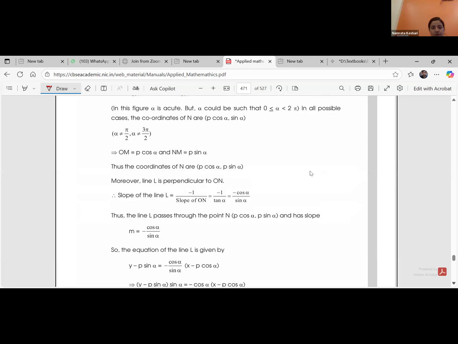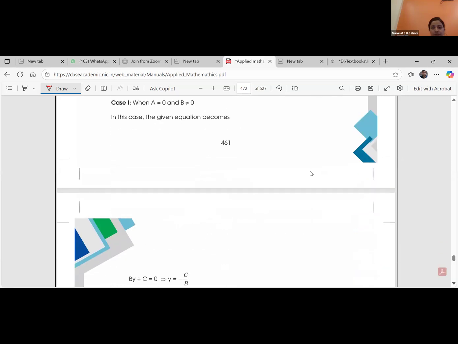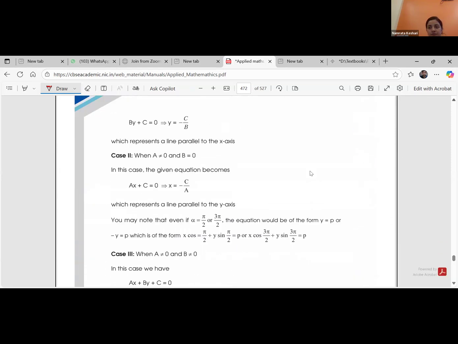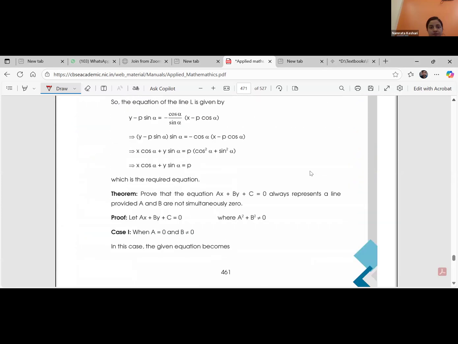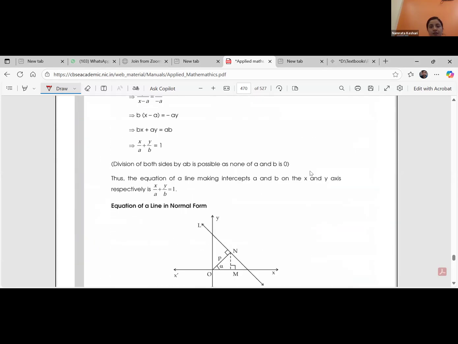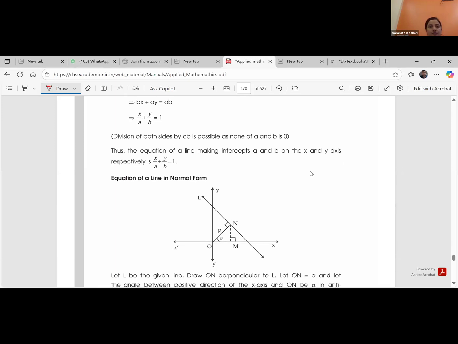Just a moment. Yeah, see, this is the figure. Suppose you have the coordinate axes, and there is a line L.